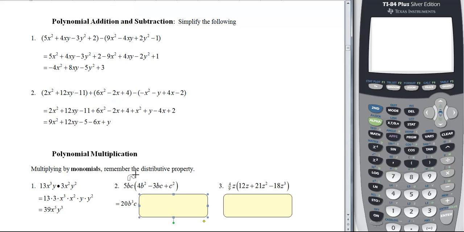If I do this one times this one, I guess I can do it that way. Weird, but it'll work. See if I can pull it up a little bit more. Alright. So 5 times negative 3 is a negative 15. That will give me a b squared c squared. So negative 15 b squared c squared.